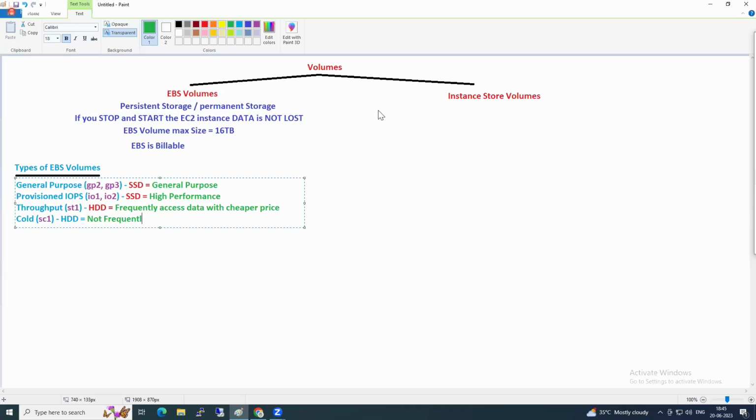For infrequently accessed data with a cheaper price. And finally, you have standard, not standard, magnetic. In shortcut, you can call it standard volumes. It's also HDD. This is previous generation.